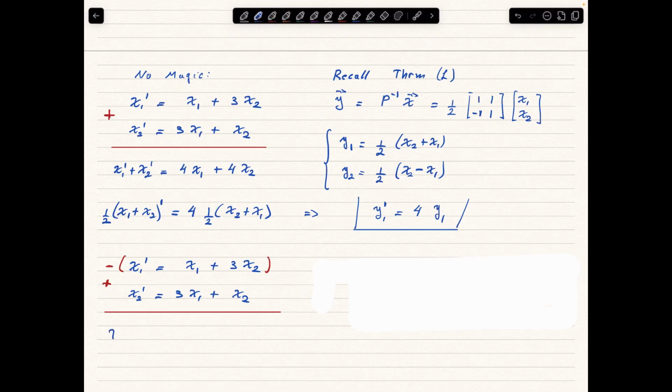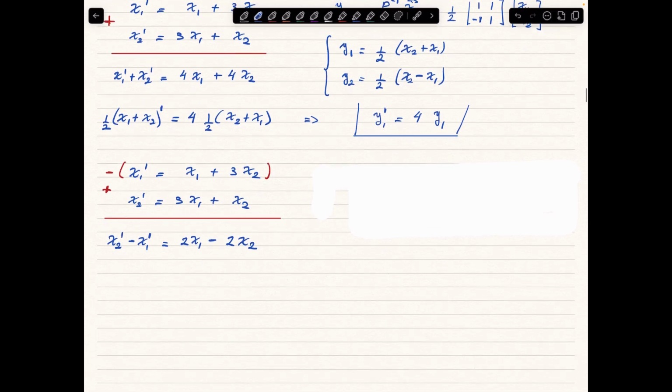We're going to have x2 prime minus x1 prime, and on the other side we are going to have 2x1, because we have a -1 plus 3 is 2, and then we are going to have -2 x2.